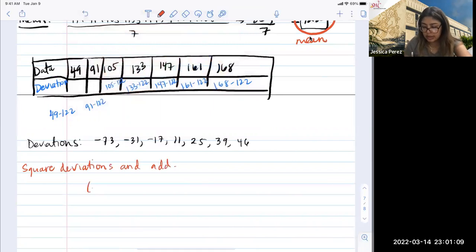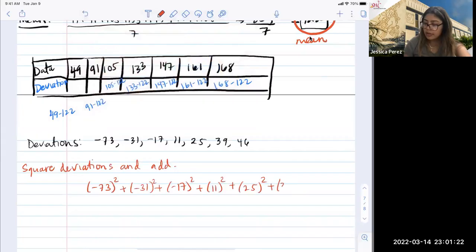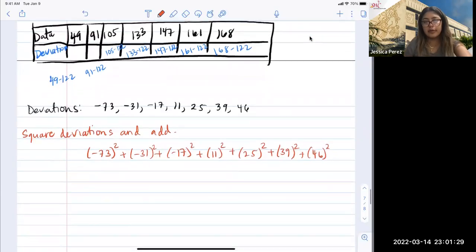So you're going to do negative 73 squared plus negative 31 squared plus negative 17 squared plus 11 squared plus 25 squared plus 39 squared plus 46 squared. So this is going to be a very, very large number.